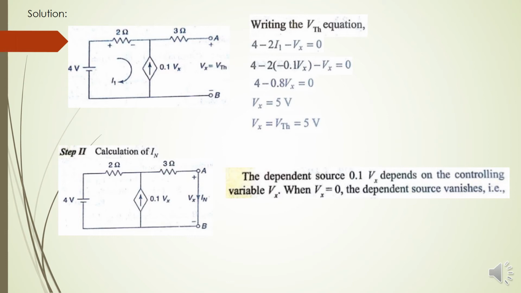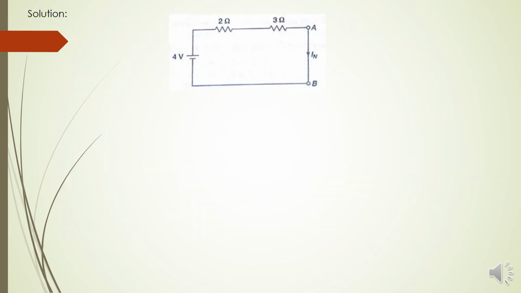So the voltage across any short circuit is 0. Therefore the value of Vx is 0, and hence the value of 0.1 Vx is also 0. So according to Ohm's law, Norton's current is V by R and it is 0.8 ampere.